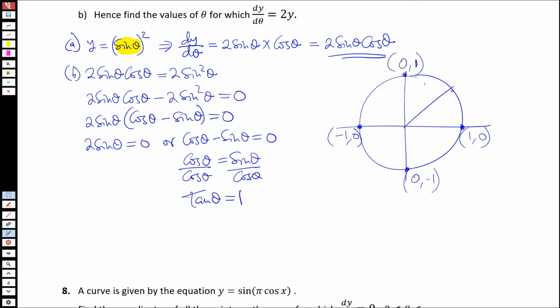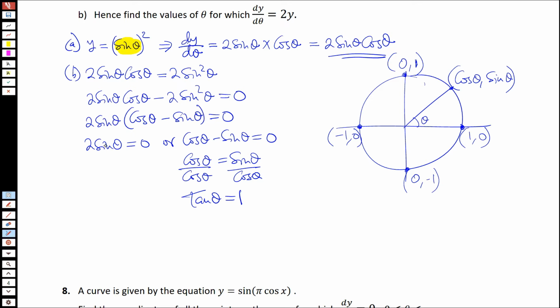So for any arbitrary point on the unit circle, the x coordinate is cosine of theta, and the y coordinate is sine of theta.